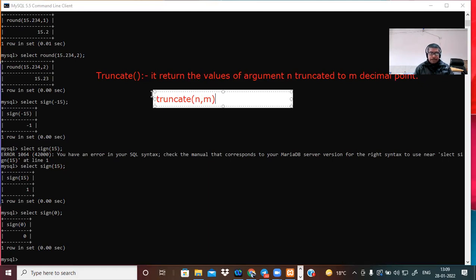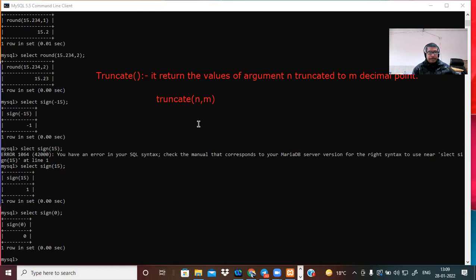So what it does, you can see what I have written on the screen: it returns the value of argument n truncated to m decimal points. Okay, let's take an example.